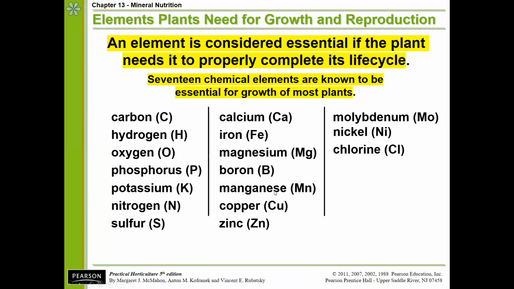And then the last three over here, molybdenum, nickel, and chlorine, Mo, Ni, and Cl, are really just needed in very small amounts. And some plants don't need them at all. So they're kind of more like facilitative nutrients. Some plants do need all of these, some plants do not, so it's on a per plant, per crop basis.